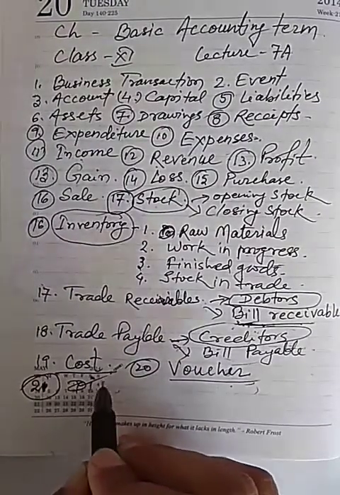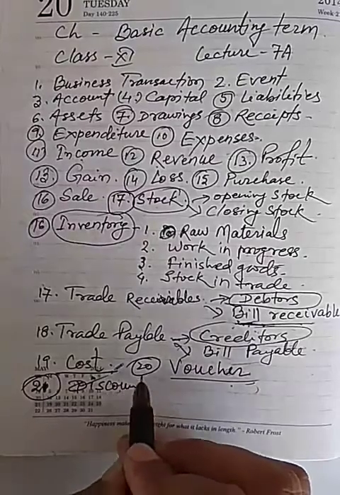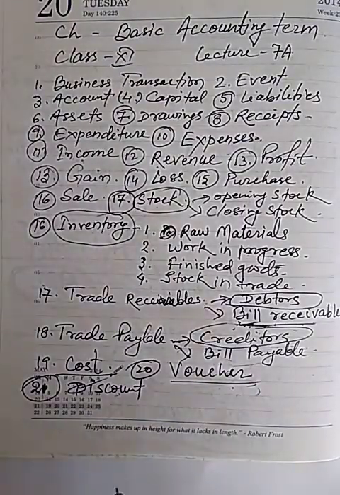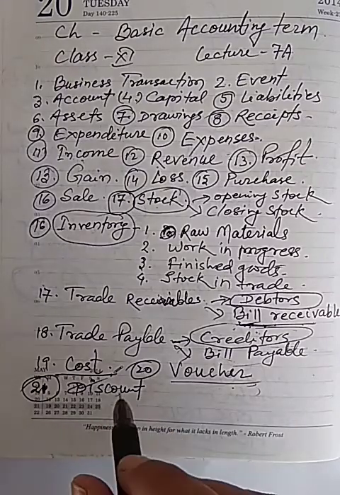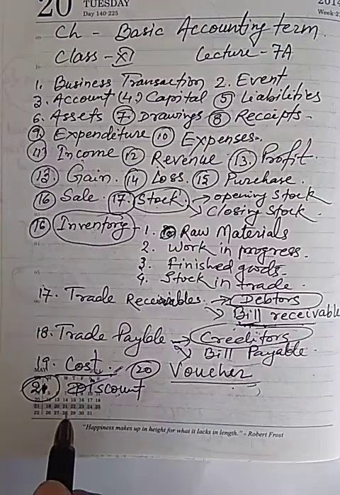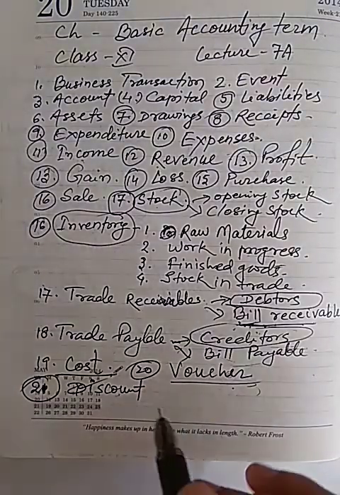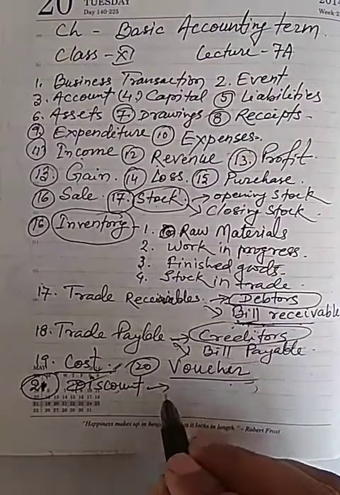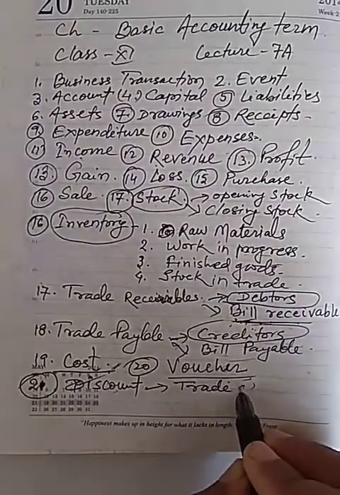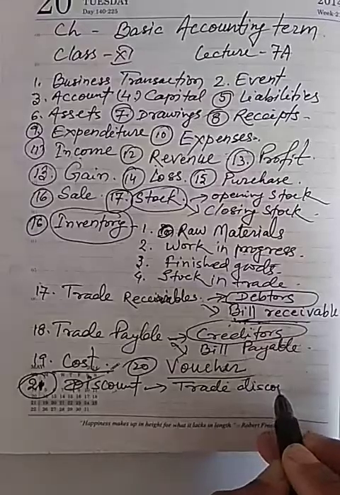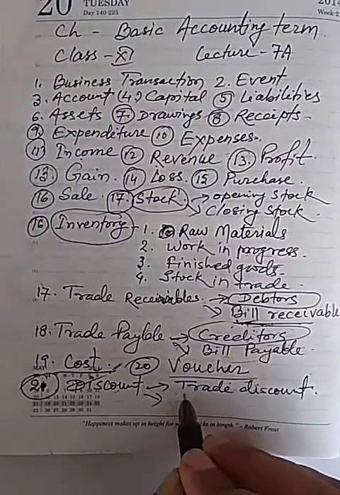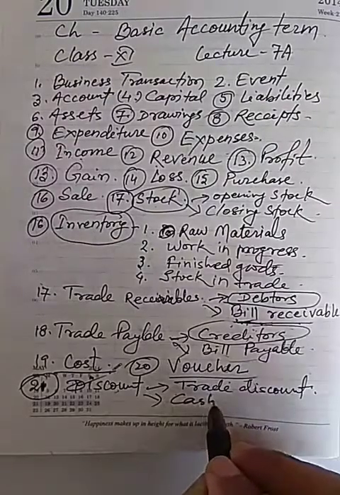Now next point is discount. It is a rebate or an allowance given by the seller to buyer. It is of two types. First is trade discount, and second is cash discount.